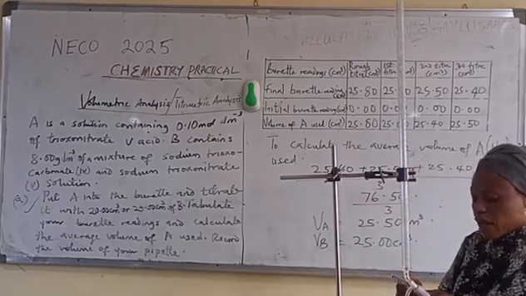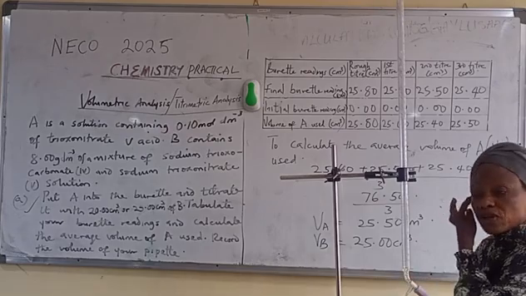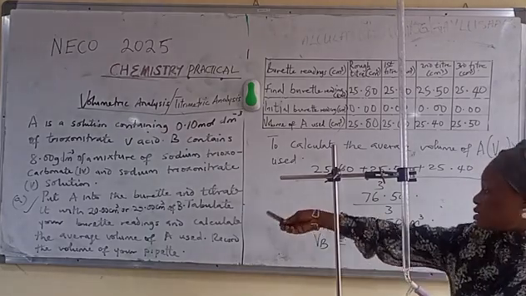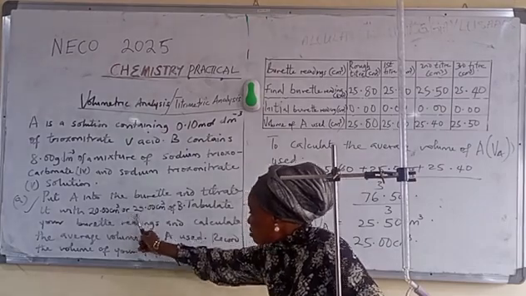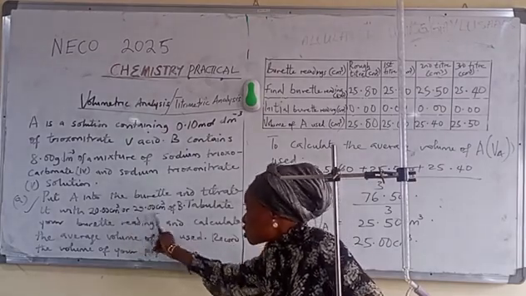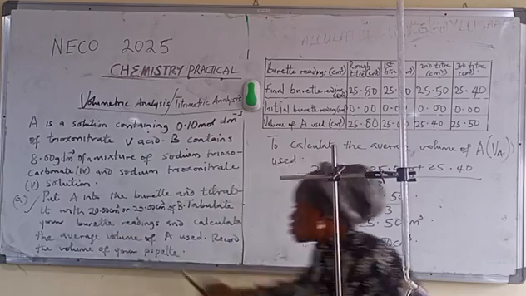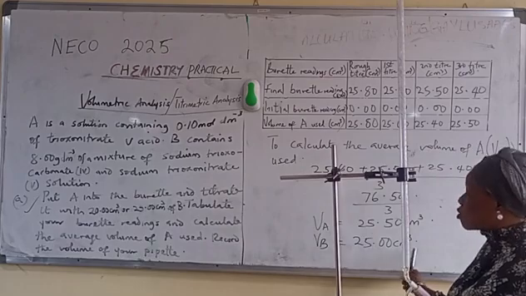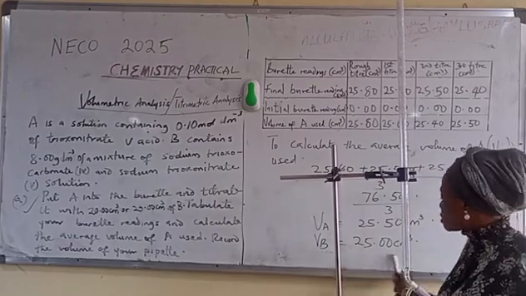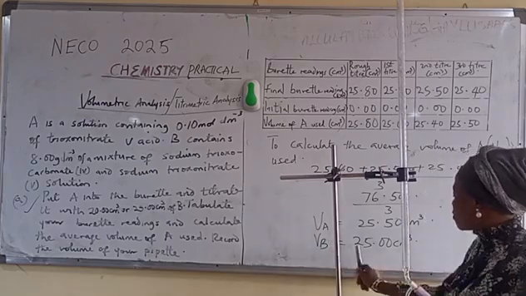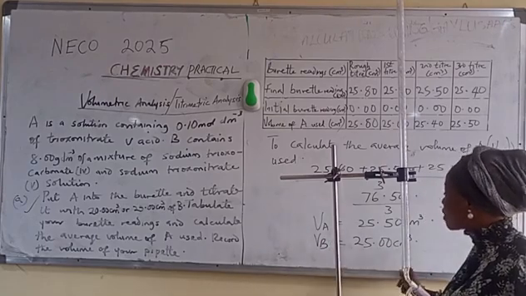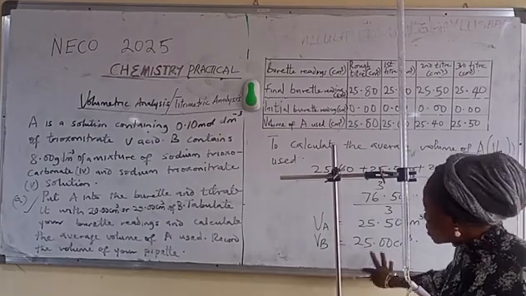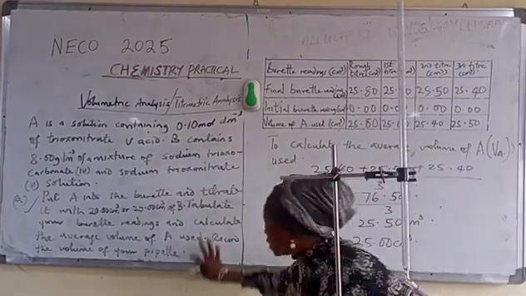Most of the titrations that we normally do in different schools, the pipettes are calibrated with this 25. But if your school is using 20.00 cm³, please you will not put 25.00 cm³. But in most schools, the pipette volume is 25.00 cm³. So you have to take note. So that is what part A is asking us.